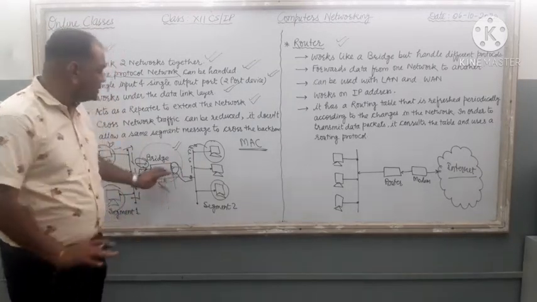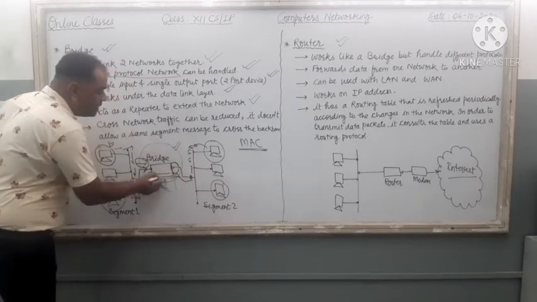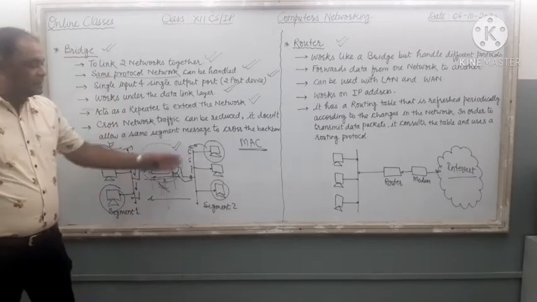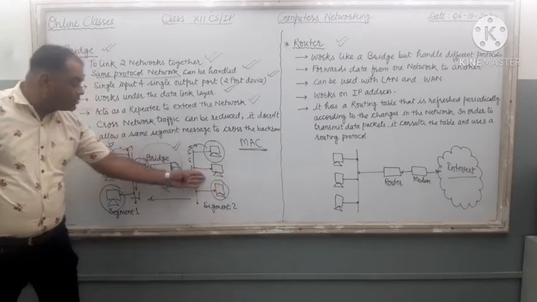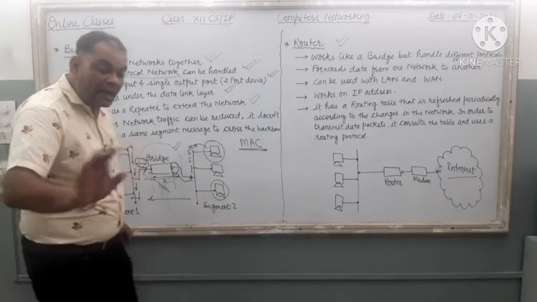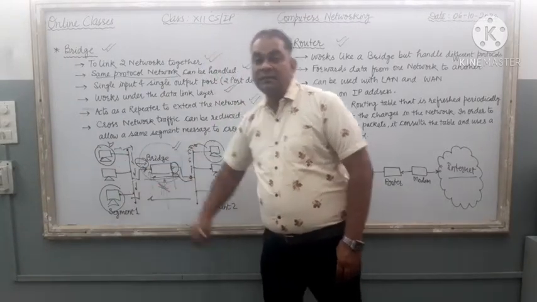It stops the message here only and retransmits it to the same segment. Means the message cannot cross the backbone. Same segment message cannot cross the backbone, and in any condition it will not approach the different segment.